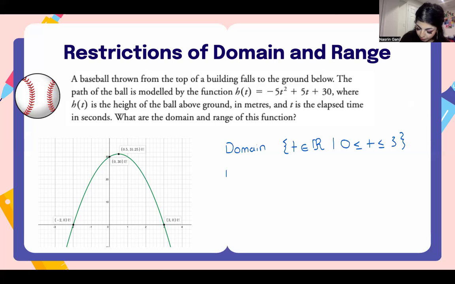Now, for our range, which will be the height, we also have that it is in the set of all real numbers. And again, we have a restriction. So the height here, while we do start at 30, it goes up to a maximum of 31.25, and it reaches a minimum of 0 because it does not land back on the roof of the building, it lands back on the ground, which has a height of 0.